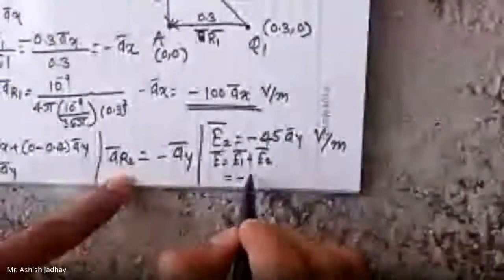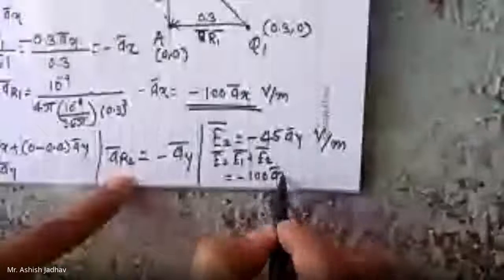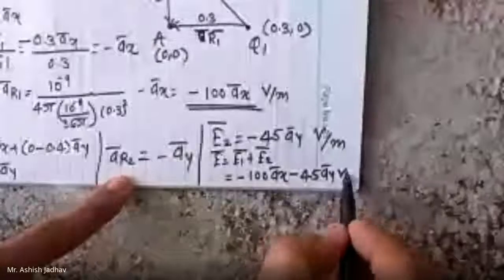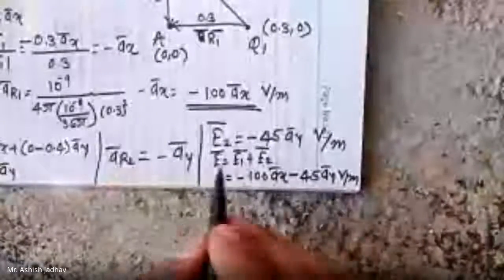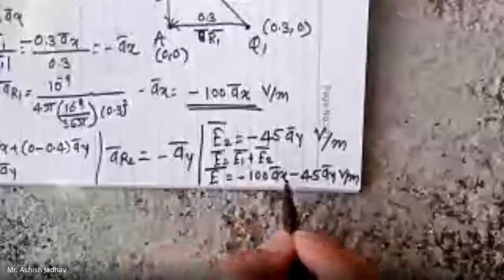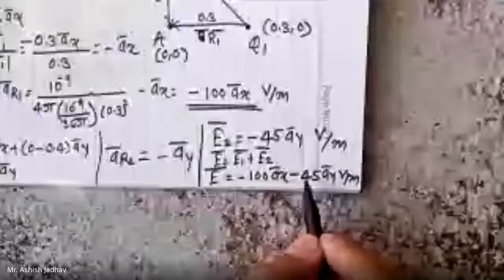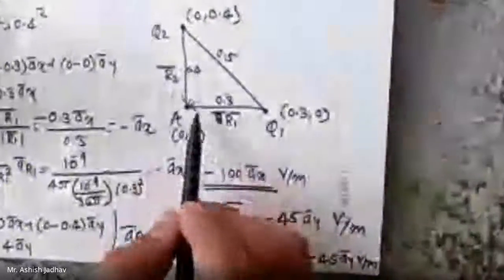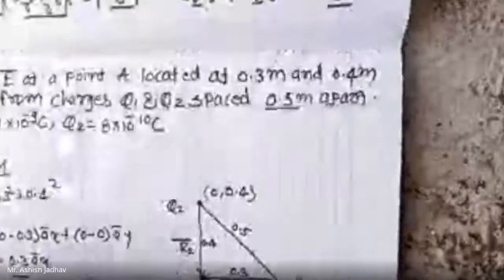This is going to be minus 100 a bar x minus 45 a bar y volts per meter. So this is the final electric field intensity applied at point A because of those two charges, right? One more similar example, find E bar.